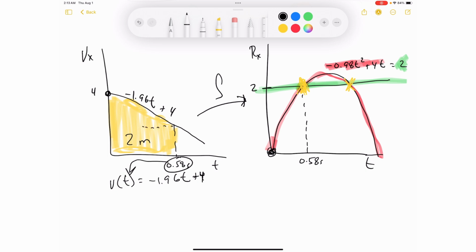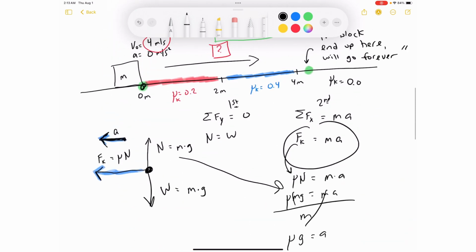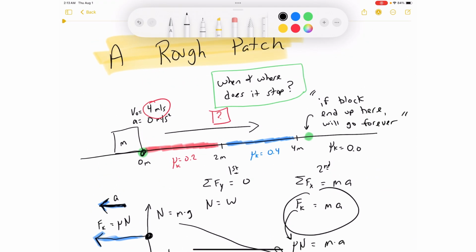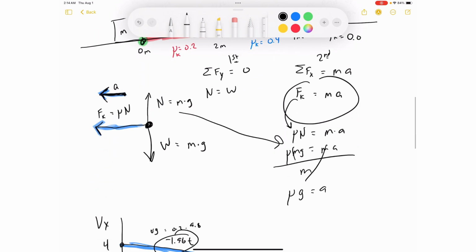If you do that, you will get 2.86 meters per second. So the box is initially going 4 meters per second, and then after it's traversed 2 meters, it's now slowed down to 2.86 meters per second.